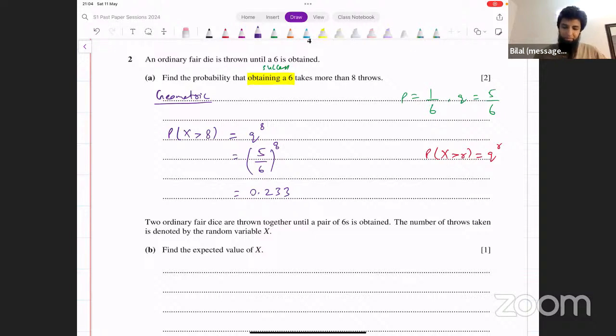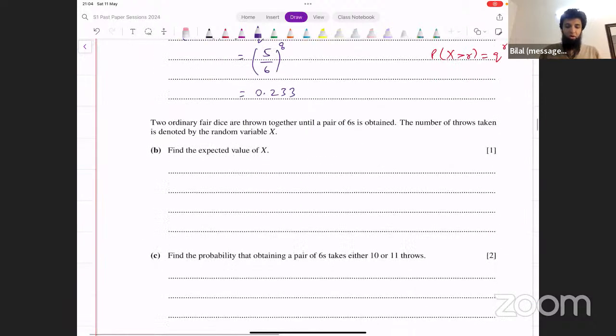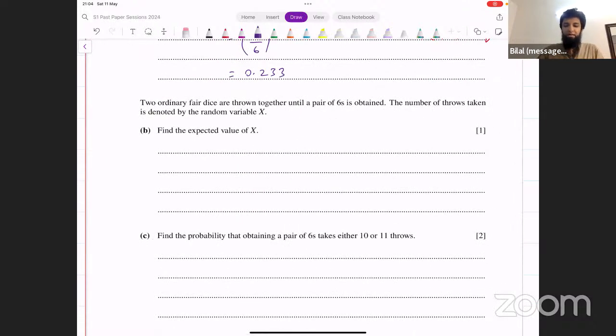All right, now it says 2 ordinary fair dice are thrown together until a pair of 6s is obtained. So now we're throwing 2 fair dice. How many outcomes is that? 6 outcomes from the first one, 6 from the second one. The total number of outcomes is 6 times 6, that is 36. Pair of 6s, what does that mean?